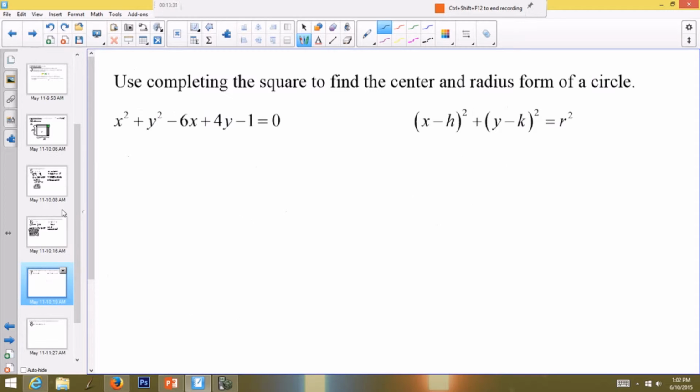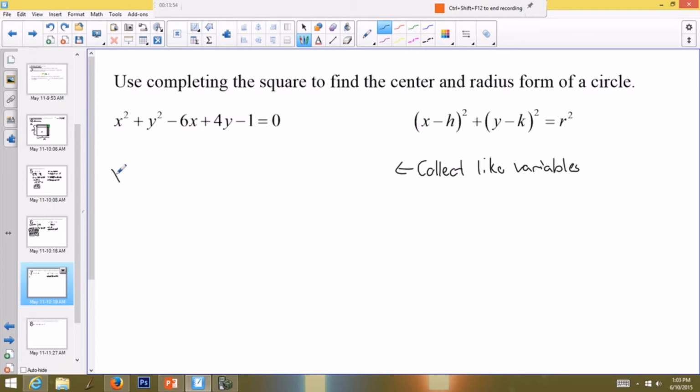Okay, moving on. Use completing the square to find the center and radius of a circle. So we're going to do something similar. The first thing I want to do is collect my like variables. Now you've heard collect your like terms, but when I say collect my like variables, I want to get my x's and my y's together.